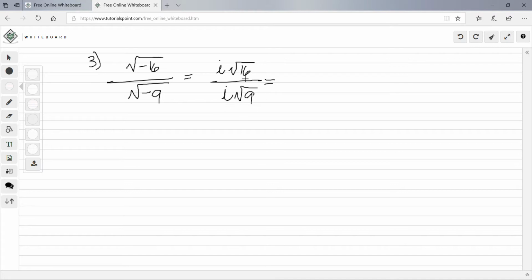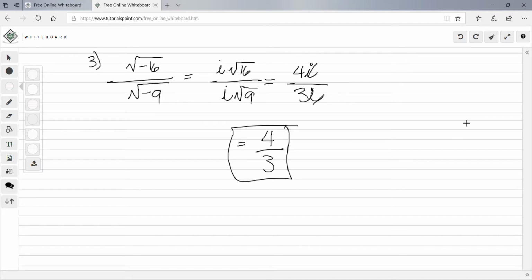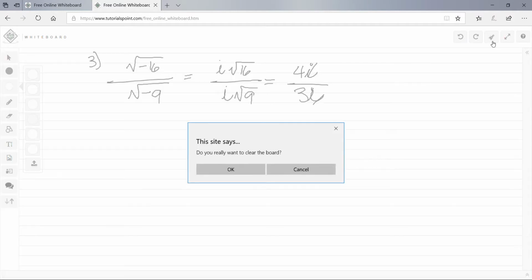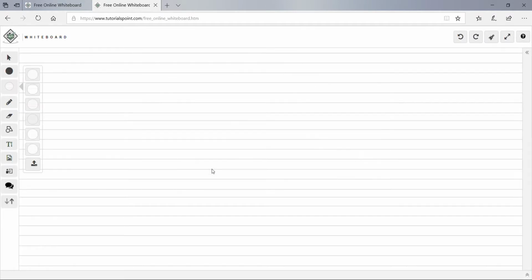The square root of 16 is 4i, and the square root of 9 is 3, times i, which is 3i. And then our i cancels, so we're just left with positive 4 over 3. See, these aren't too hard, you just really have to remember that i squared equals negative 1.